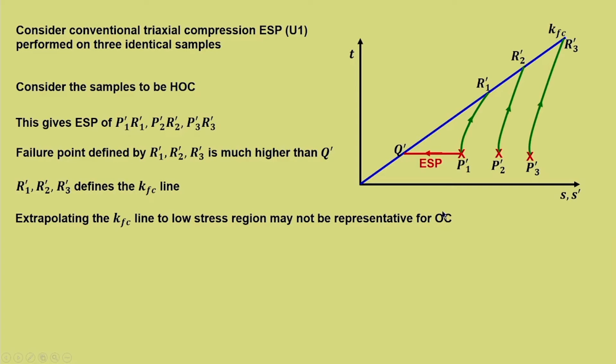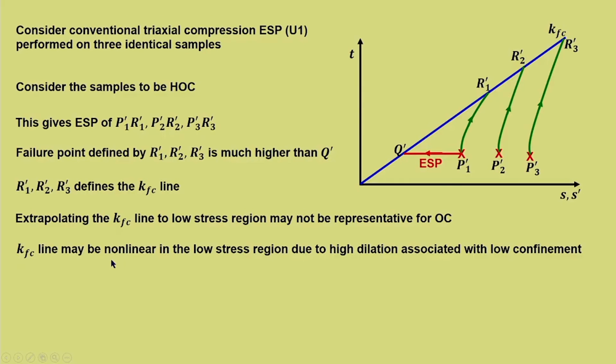Why? We have seen that the failure lines are always non-linear in the case of over consolidated soils because of the variation in dilation. In the lower stress region, the dilation will be much more free because the confinement is less. As we increase the confinement, the dilation gets suppressed.